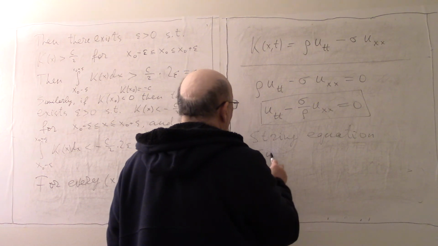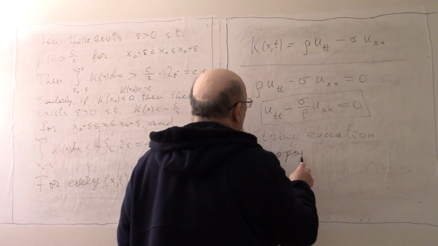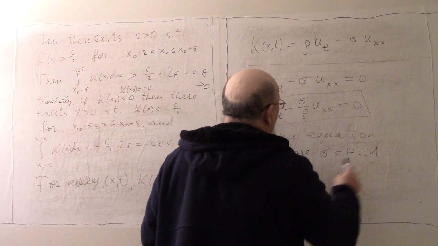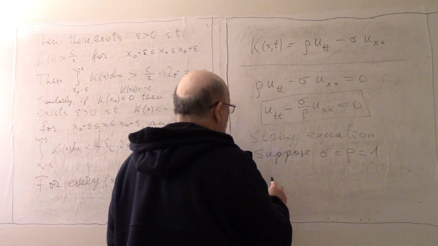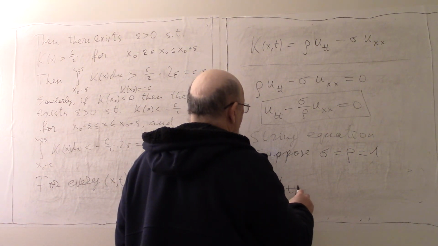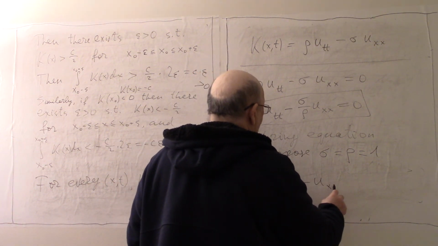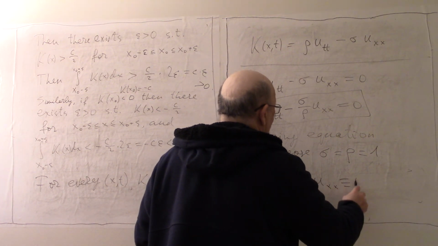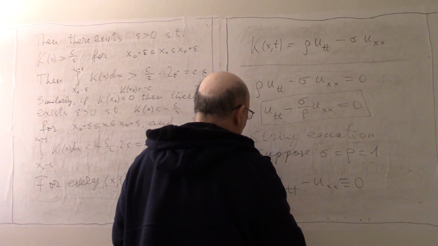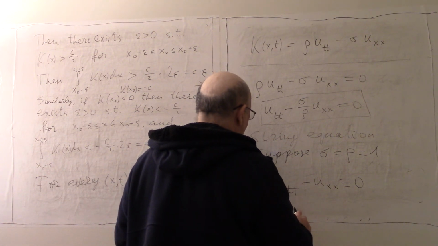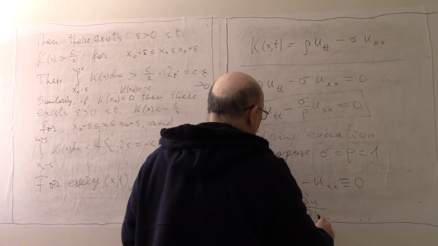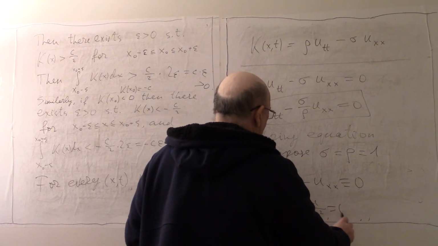Suppose sigma and rho equal 1, and so our equation becomes the following: u_tt minus u_xx equals 0, or d2u over dt squared minus d2u over dx squared equals 0.